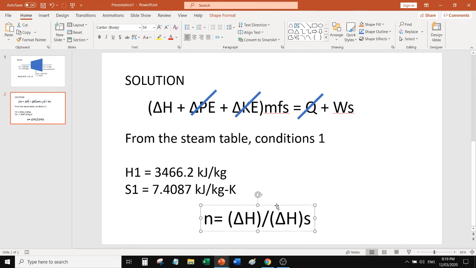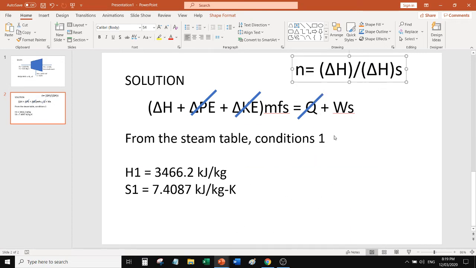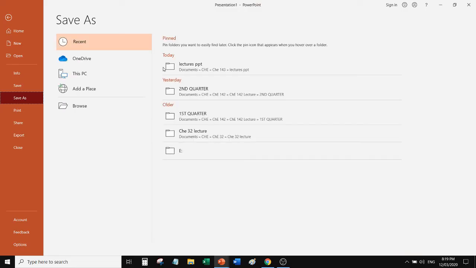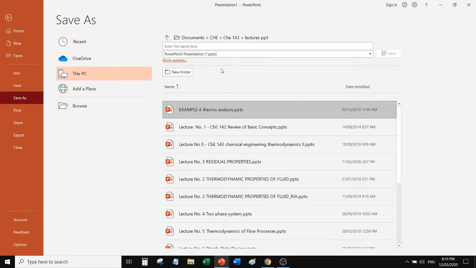Later pa pala. Sige, erase. Okay. Sorry. Pero, lagay na lang natin diyan siya. Park natin siya sa gilid. Save ko muna to. Baka mawala. Yan.